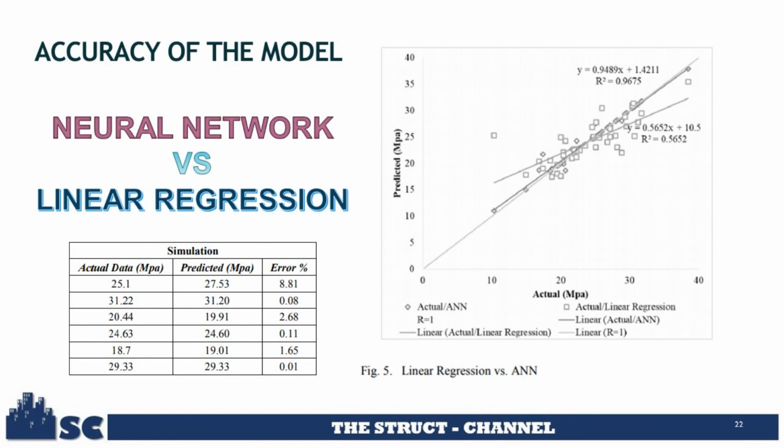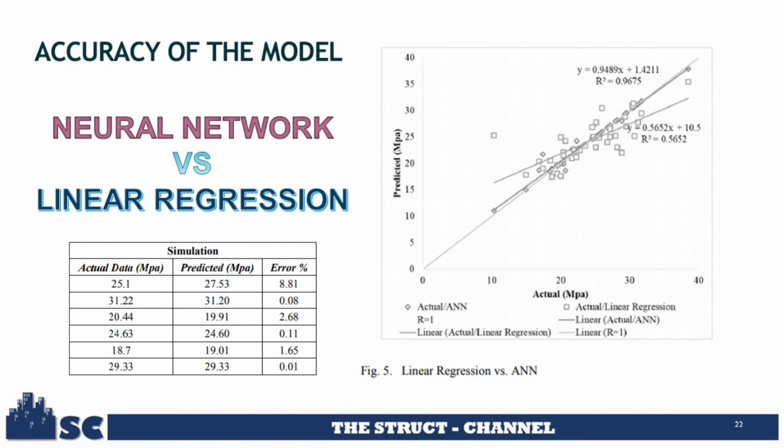Now, to validate the claim whether ANN has superior predicting capability compared to linear regression, a linear regression model was derived based on the same data used for the ANN model, and another set of data was simulated to get the regression value for each model. For ANN, the value of R squared is 0.9675, and for the linear regression, the value was just 0.5652.